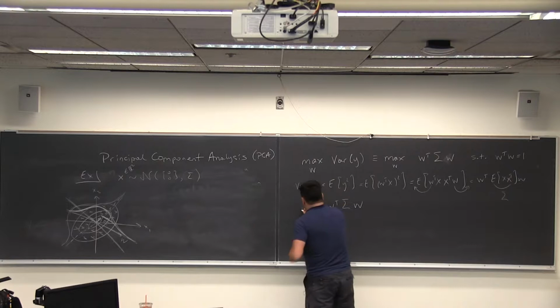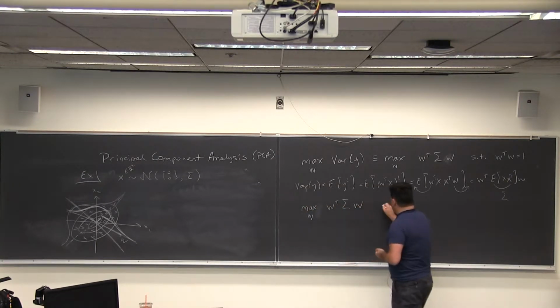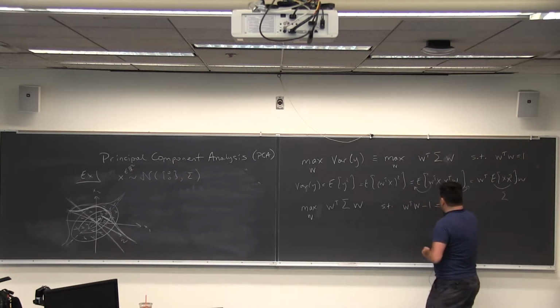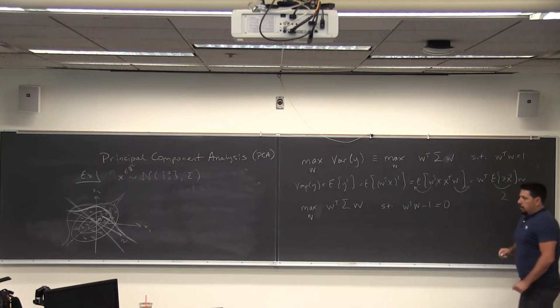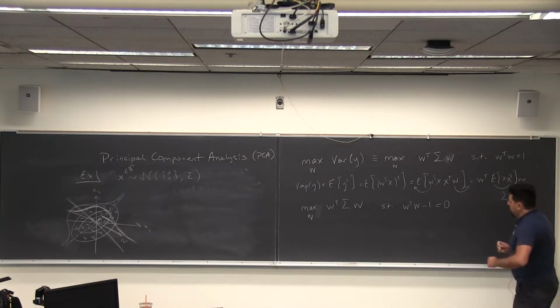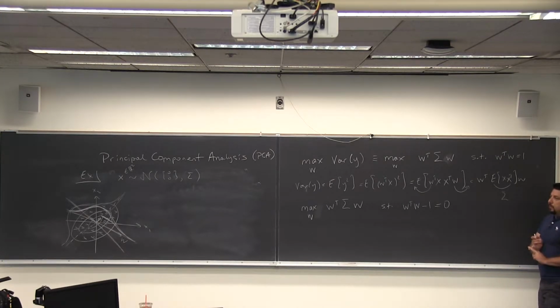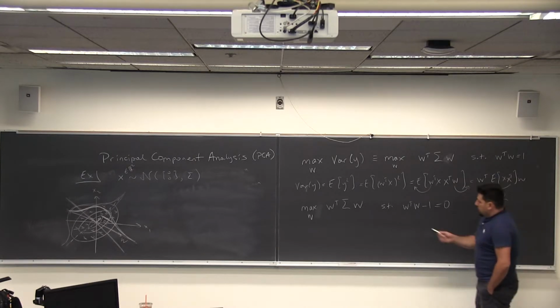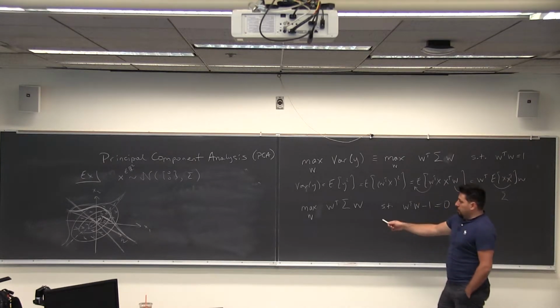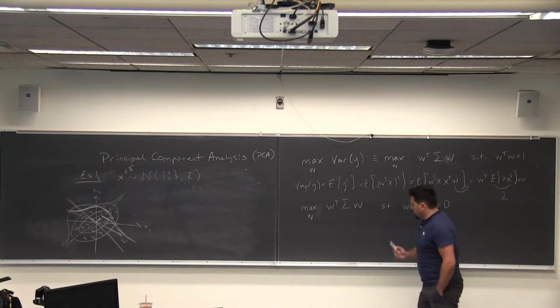Okay, so I'm interested in maximizing this subject to W transpose W minus 1 equals 0. I'll just write my equality constraint in standard form. So we'll prepare the Lagrangian. Remember, at the optimal solution of a constrained optimization problem, the derivative of the Lagrangian with respect to the parameters will become 0.